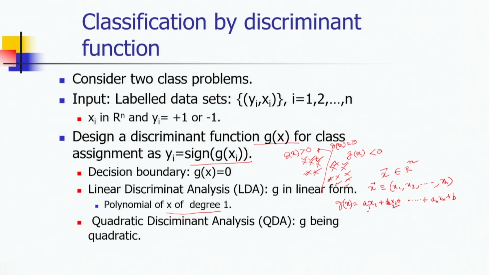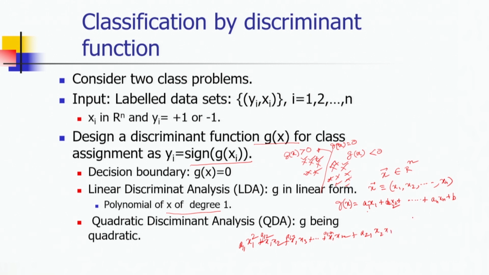Linear terms would be there, but you also have terms like x1 square, x1x2, x1x3, up to x1xn, products of two variables, each with its coefficient: a11, a12, a13, a1n, plus a21 for x2x1.